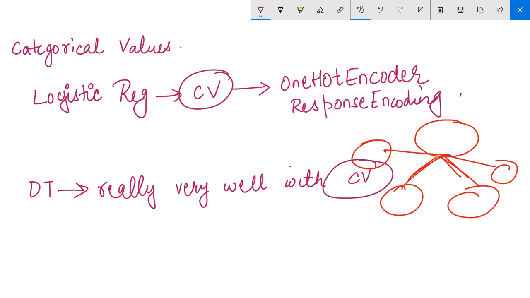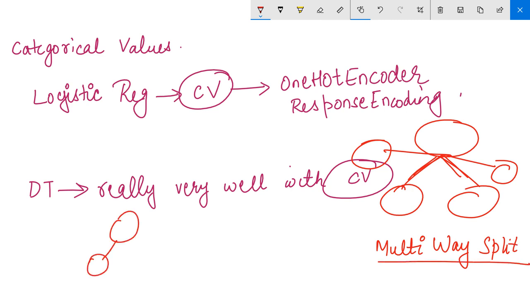If this is the case, it's no longer binary, it is multi-way splitting. So if there are 2, this is your binary split, or we call it a binary tree. And if there are more than 2, we call it a multi-way split. Now let me just erase it.